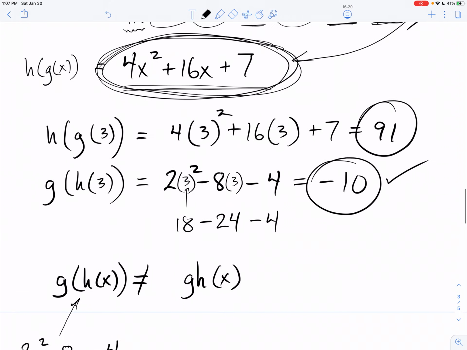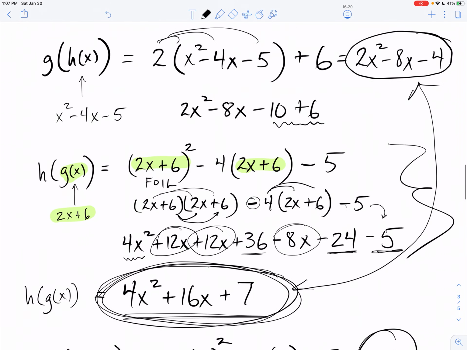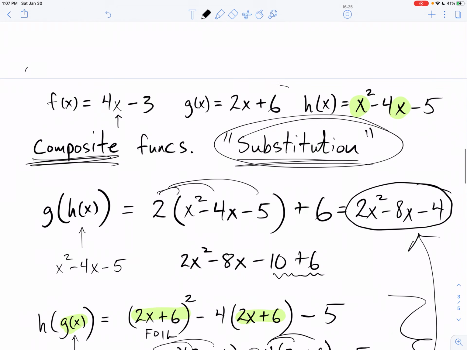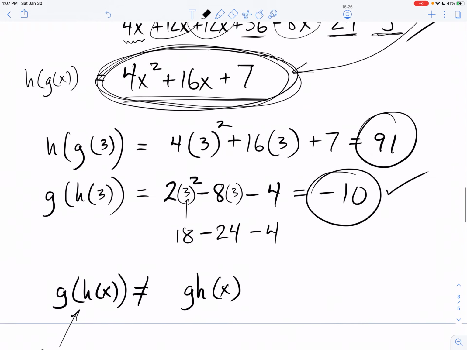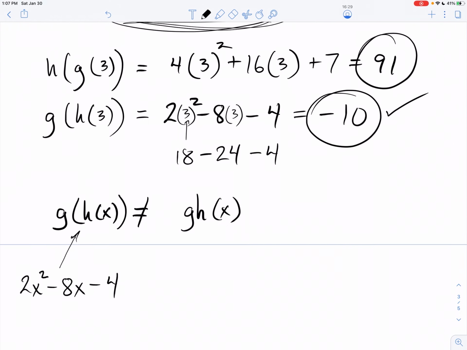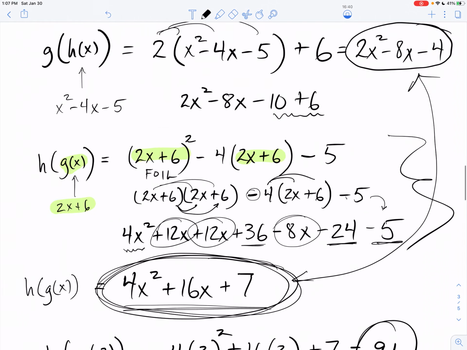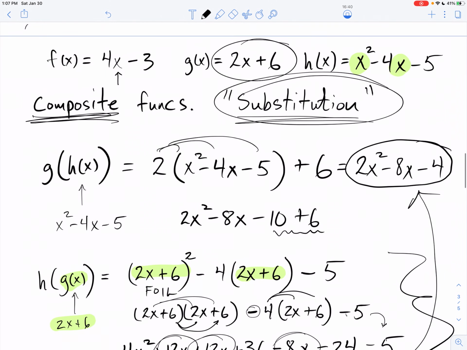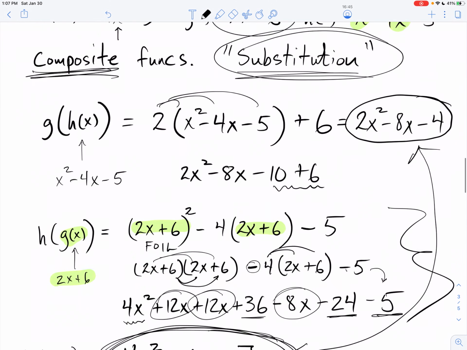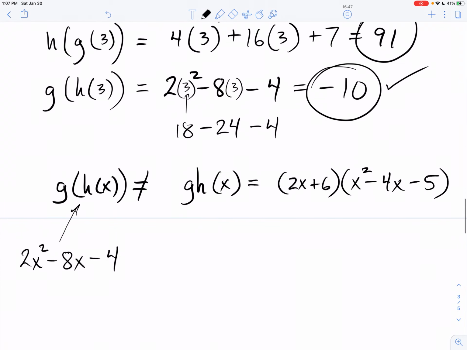So what is g doing? g is 2x plus 6. So what does g times h of x mean? It means I'm going to take 2x plus 6, and I'm going to multiply it by h. And I believe that's what h said. Let me just double check. h says x squared minus 4x minus 5. Yes, it does.